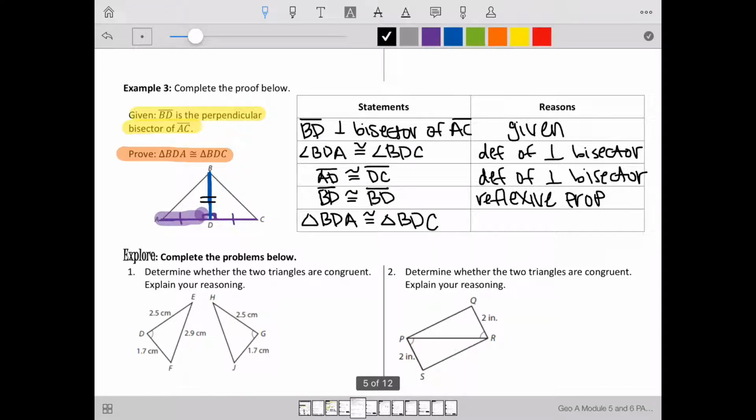And now we have side, angle, side. Side, angle, side, congruent to a side, angle, side. So these two triangles must be congruent, and the reasoning is the SAS theorem.